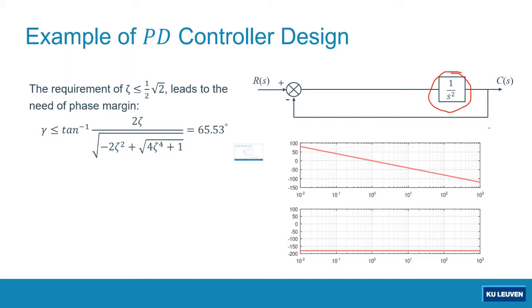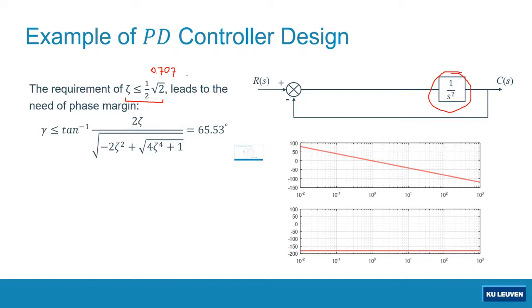One of the requirements is that I want to have a zeta less than half of square root of 2. This will be more or less equal to 0.707. So the first requirement is that I want the double integrator system to have a zeta less than or equal to 0.707.